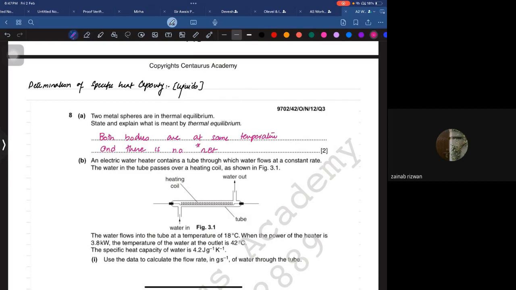No net heat flow. It means that there are two bodies like this. If one body is transferring heat of value Q, the other body should also be transferring the same amount of heat back and forth. So then you don't have any net flow of heat. That's something you guys need to remember.